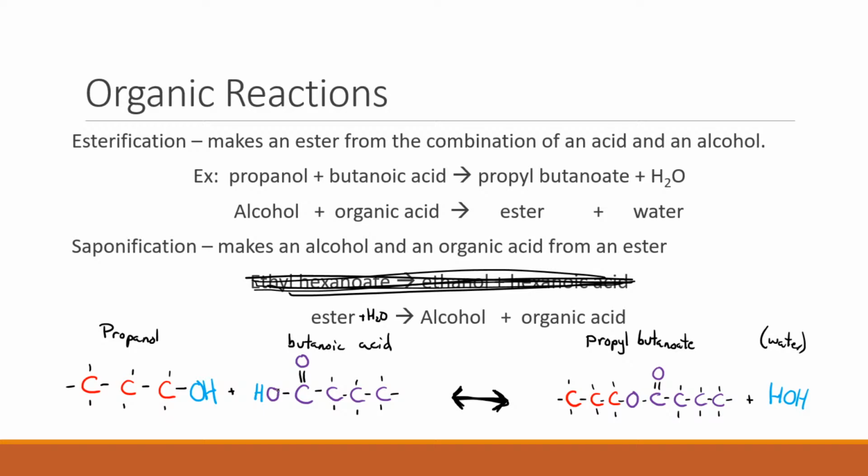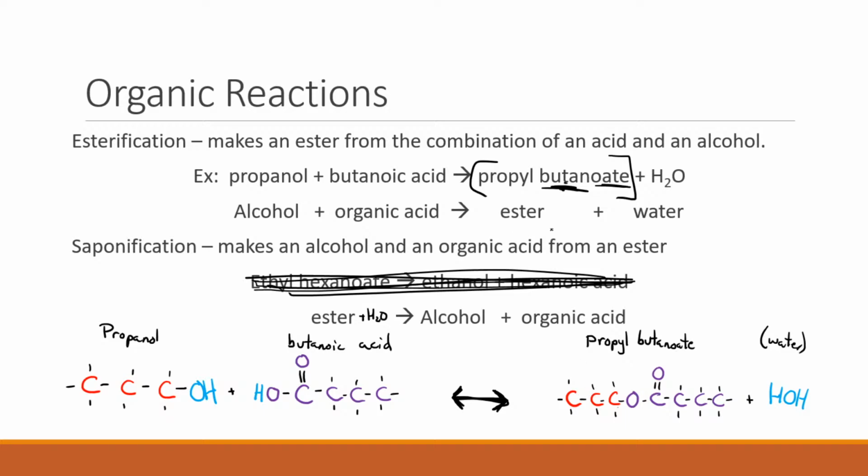Why does the propane attach to the right side of the O instead of the left in the ester? Okay, for that, when we're naming an ester, the part that contains the O is the part that has the double bond O. So here, this has to be the 4 carbons because it's butanoate, so the double bond O has to go here.